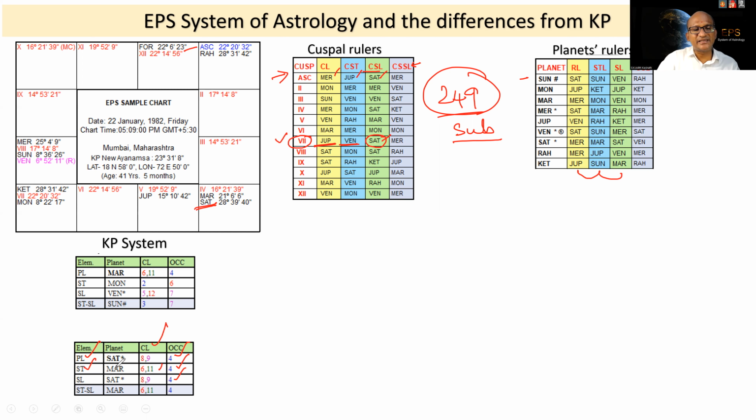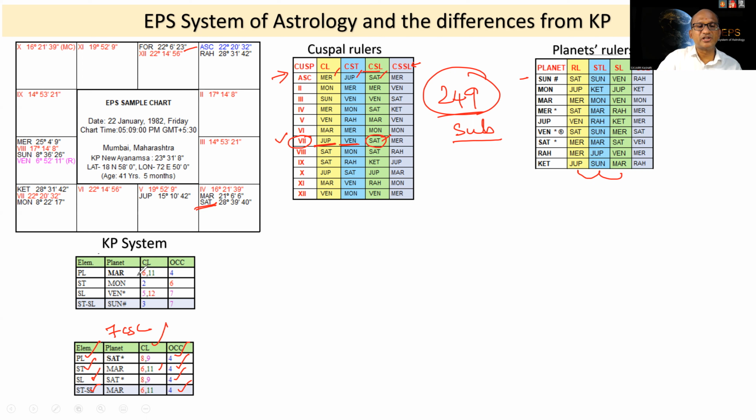Saturn is in the subdivision of Saturn itself, giving 8, 9, and 4 signification. And the star lord of the sublord is Mars, again 6, 11, and 4. These are the significations of the 7th cuspal sublord. This is how we normally take the 7th cuspal sublord significations.